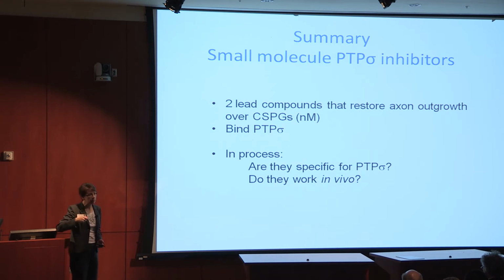They all bind ATP, they do similar kinds of things. So we're very close, but trying to make sure that this is really specific and not cross-reacting with some other family members. And also, we very much want to know if they work in vivo. And we're working on trying to get money to do that, and I'm open to any ideas you might have for that.